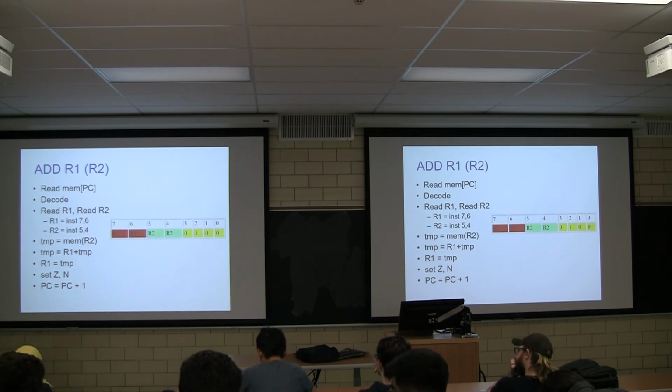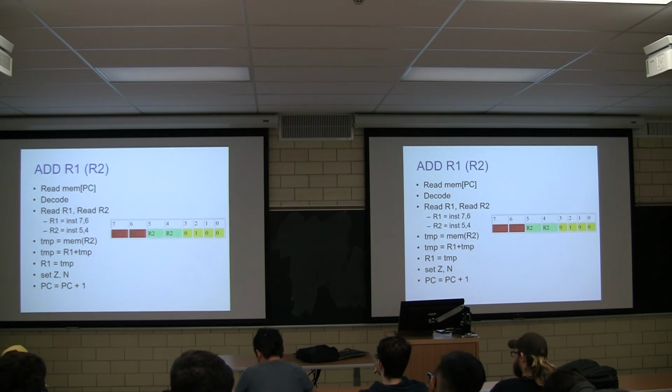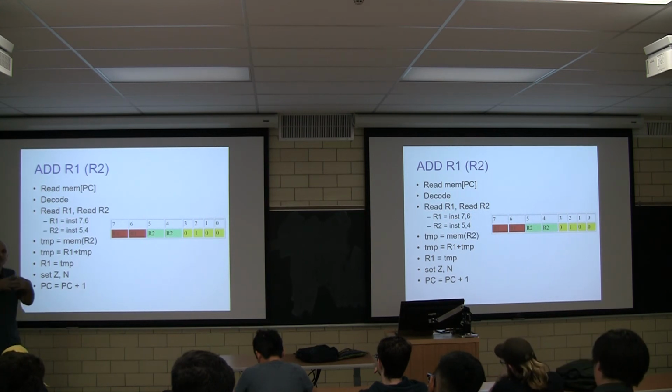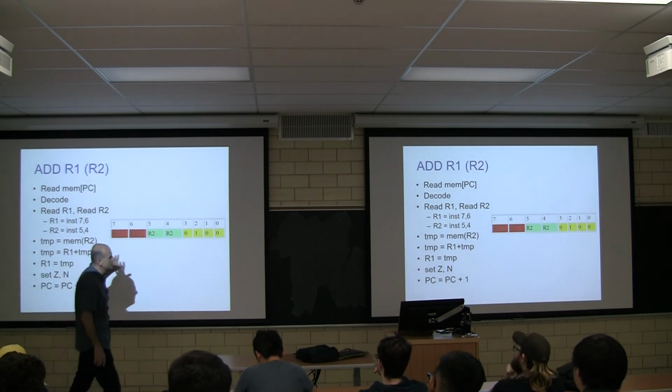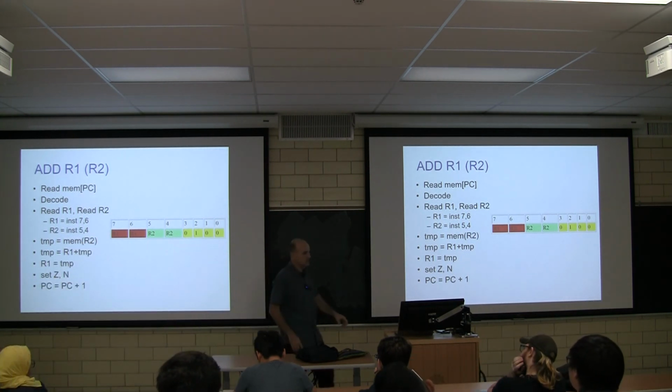Now, long story short, you have to sit down and see what operations are necessary. You're going to see that the machine is perfectly capable of taking R2 and going to memory and reading a value from it. However, it is not capable of taking the output of the memory and sending it to the ALU to be added with another input. So the only change required is in the data path.